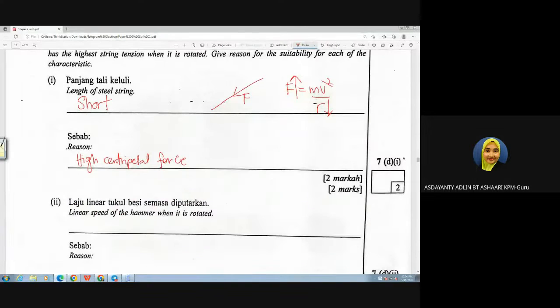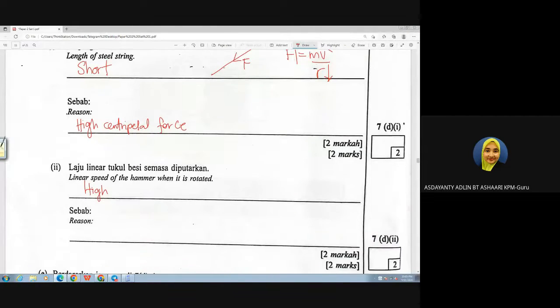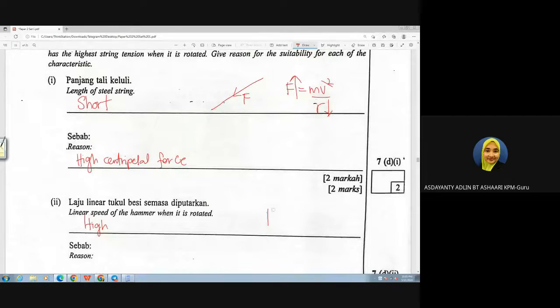Okay, next, linear speed of the hammer when it is rotated. Tadi dia sebut high, betul lah high. Kena high speed of rotation when it is rotated. Okay, reason. F, kita masih lagi, you can use the formula F equals mv square over r.